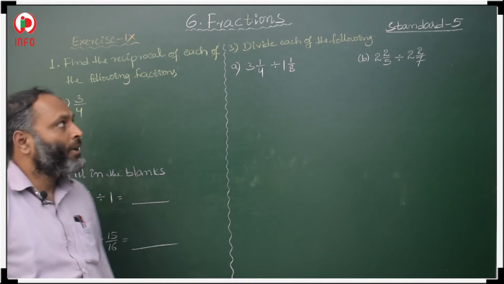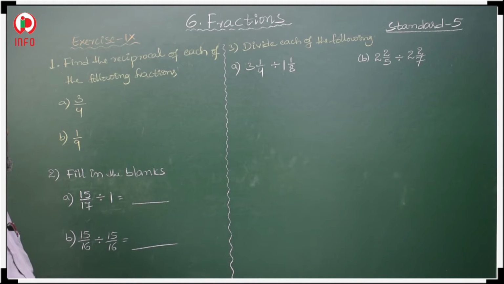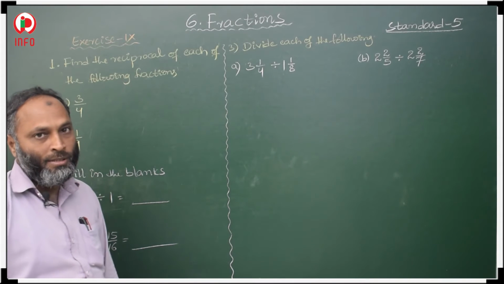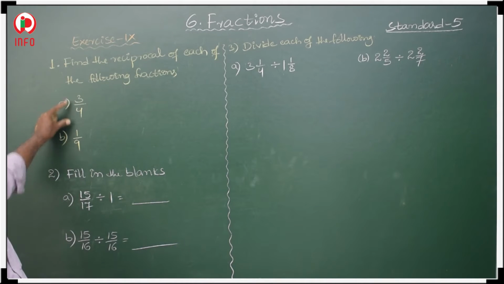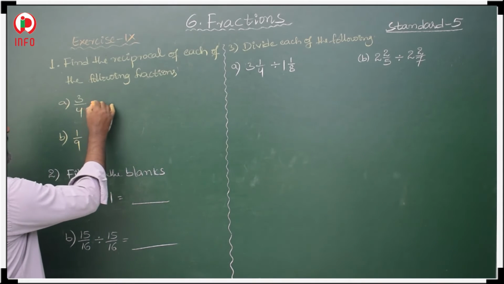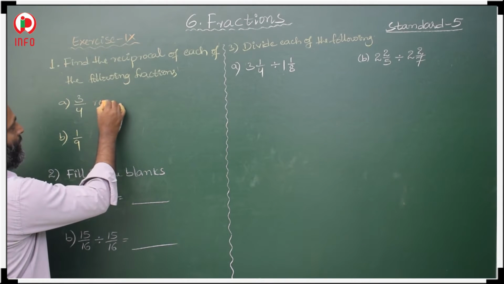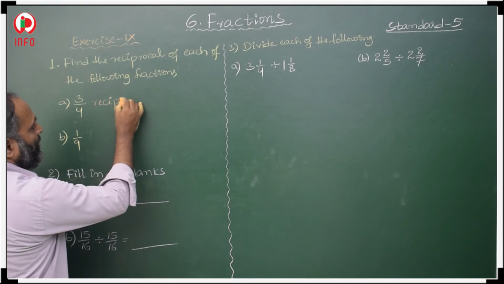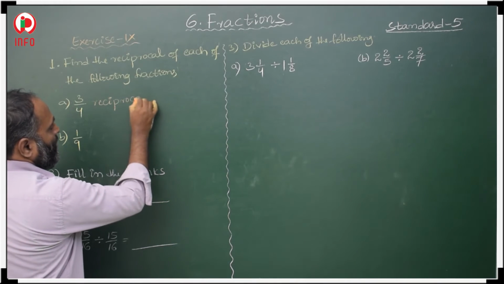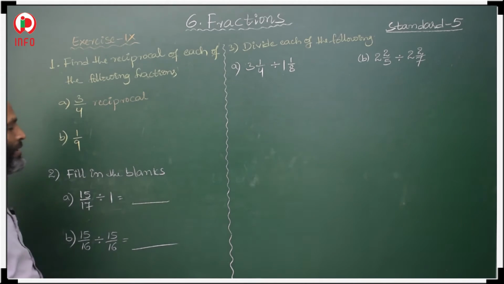Now students, in the ninth exercise, the first question: find the reciprocal of each of the following fractions. Two fractions are given, and we have to write their reciprocals. First, the reciprocal of 3 by 4. What is a reciprocal?